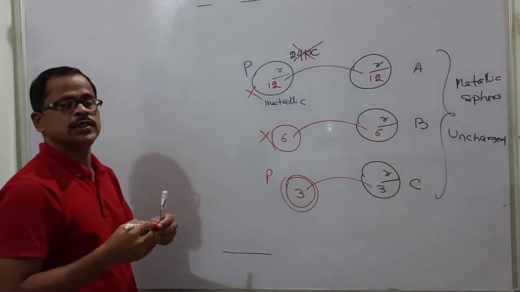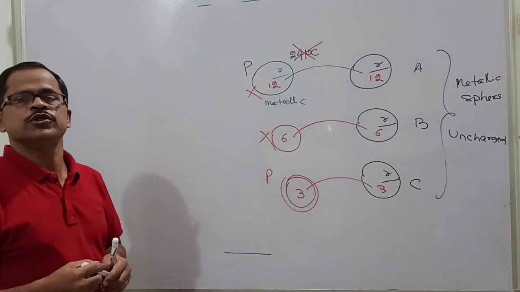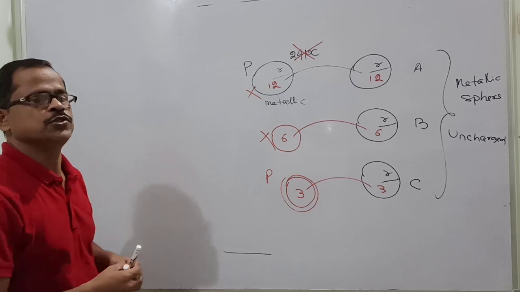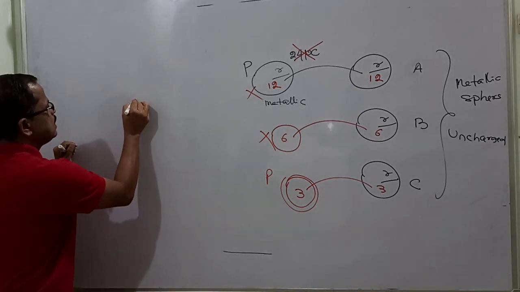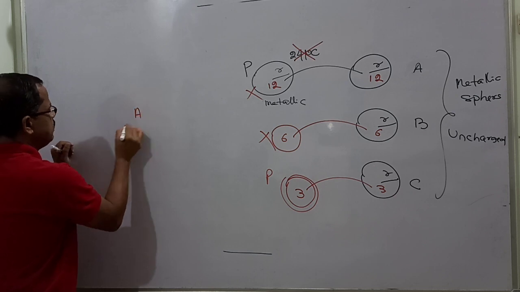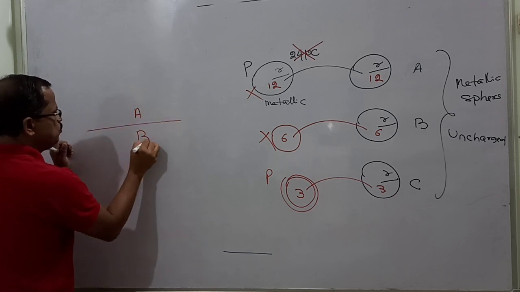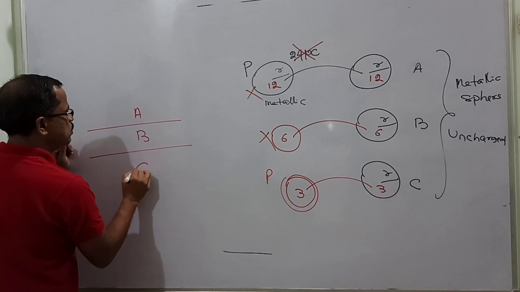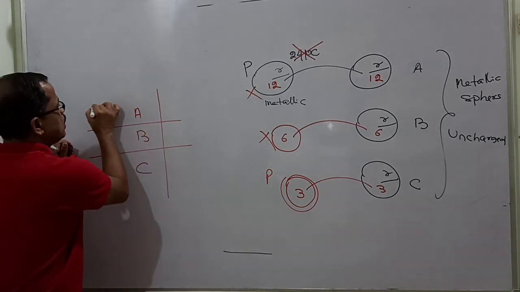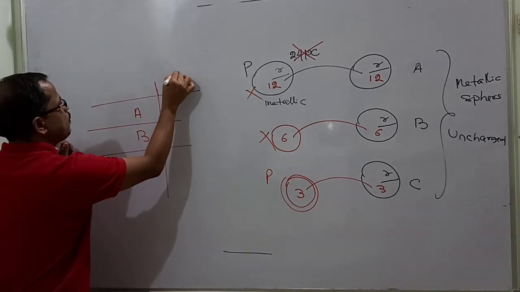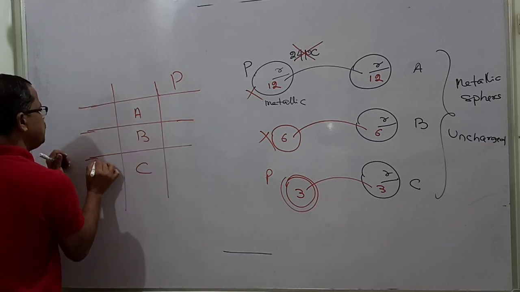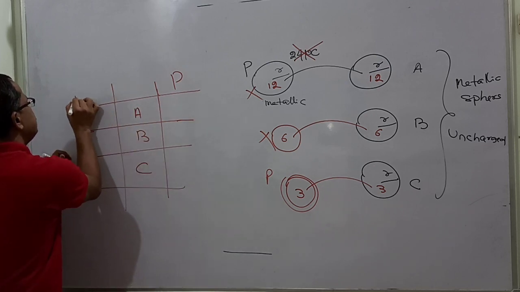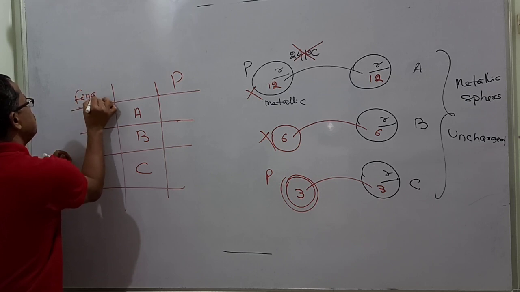Then let us show in a tabular manner how the charges are distributed. You can show it like this. Let's say this is A, this is B, this is C, and this is P. These are the final charges of A, B, C, and this is the initial charge.